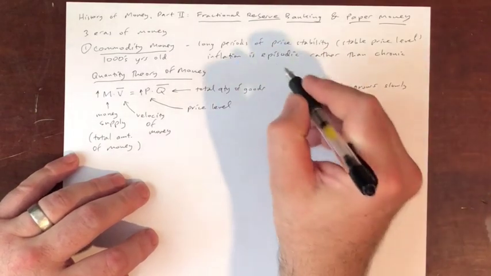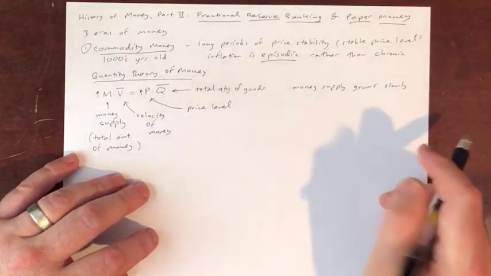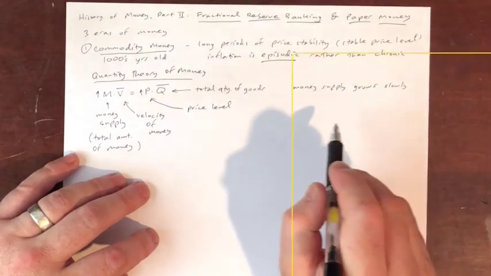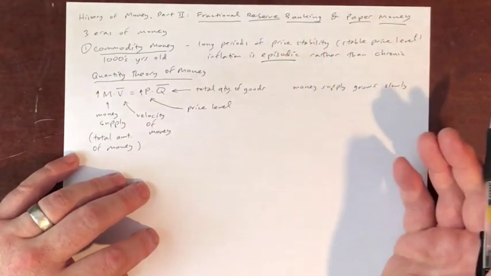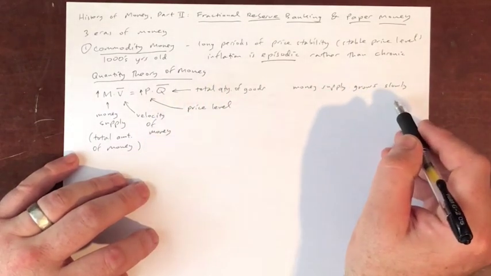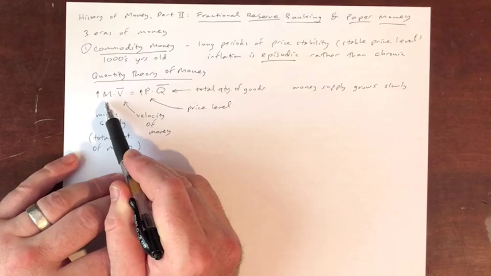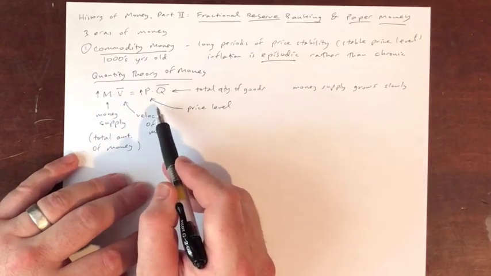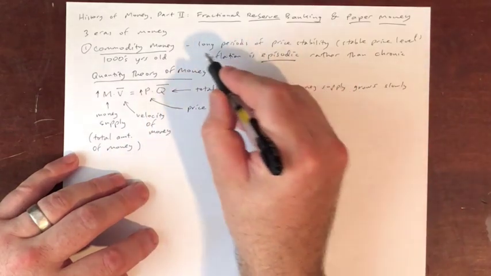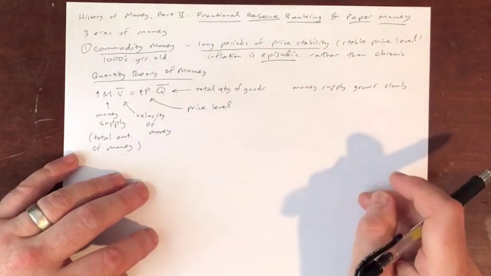That happens occasionally. Again, inflation is episodic. There are some episodes of inflation, but that doesn't happen year to year. During normal times, the money supply grows relatively slowly. As long as the money supply grows at the same general rate of growth as the economy, then you have these long periods of price stability that occur over time.